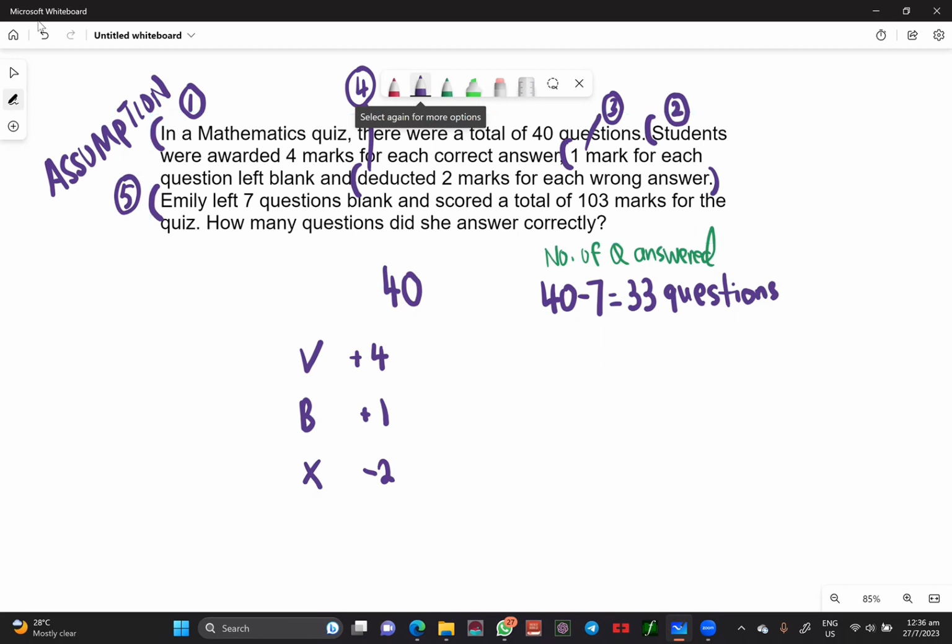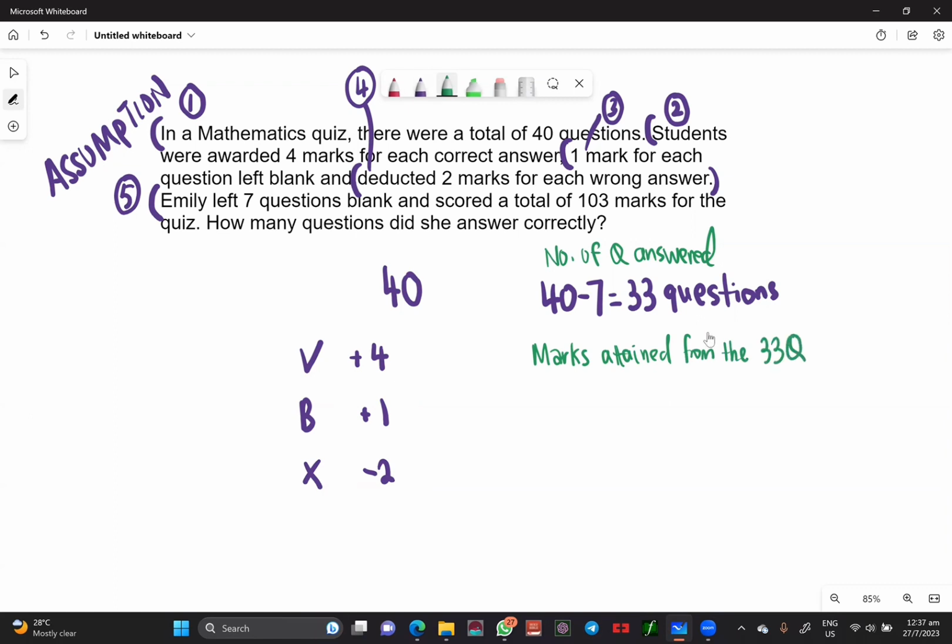And I know that these 33 questions will give me less than 103 marks, because do you remember just now, if you were to leave 7 questions blank, you still get 1 mark each, right? So we also want to remove that from 103. So I'm going to say marks attained from the 33 questions.